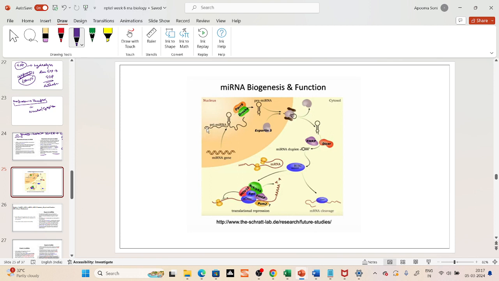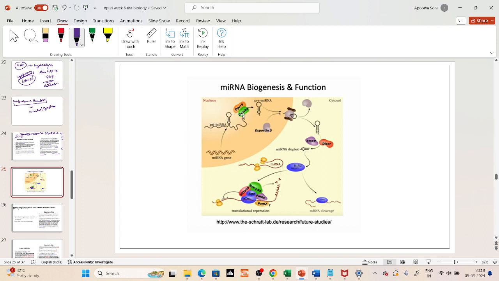See, this is your primary miRNA gene from which the primary microRNA is formed. This stem loop structure is acted on by Drosha and DGCR8. Drosha is the RNase which cuts the RNA, and then it forms the pre-miRNA.